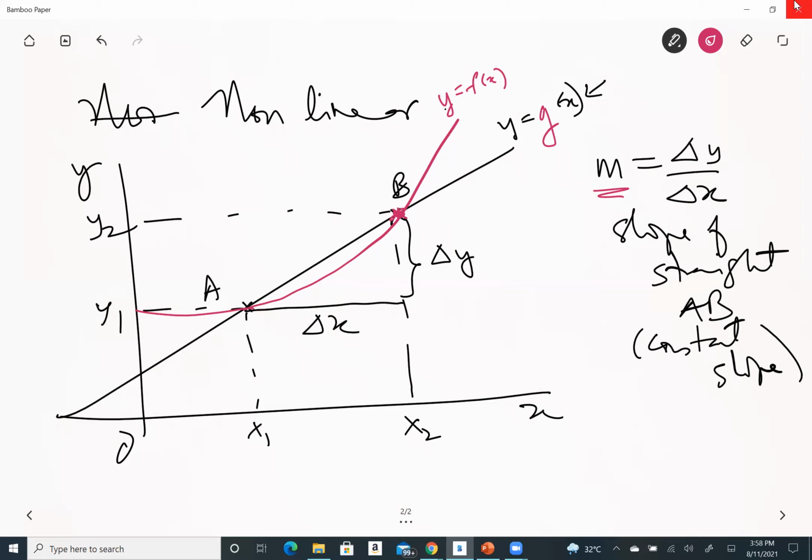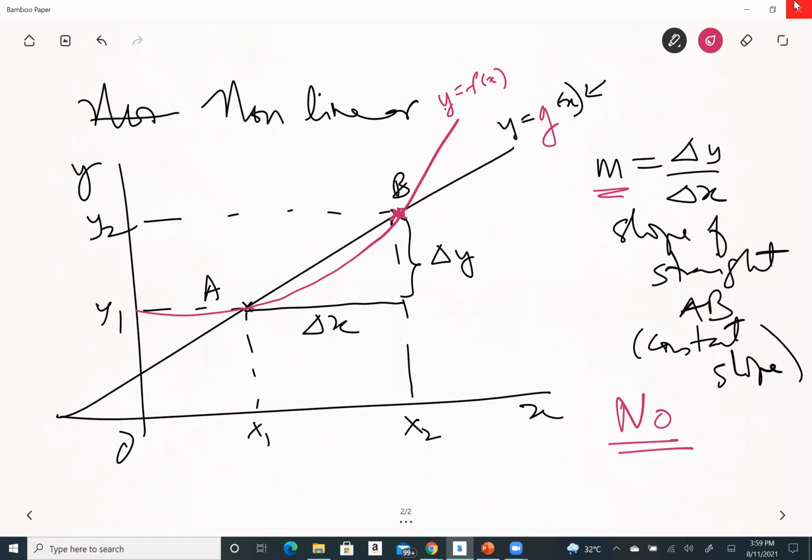Now, does it measure the slope of the curve? The straight line AB, is it the slope of the curve from A to B? It is not. Why? Because the slope of the line is the straight line AB, while the curve AB is the line in red. If you look at the straight line and the curve, they are not the same.